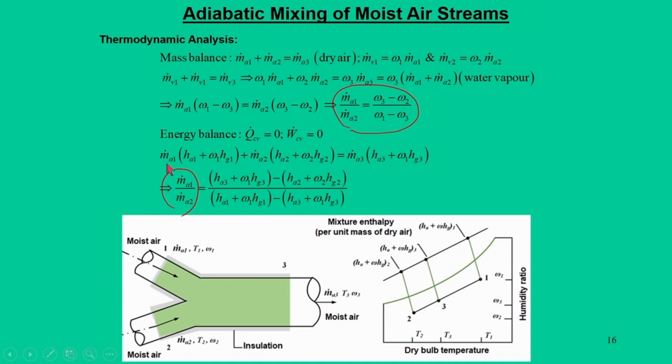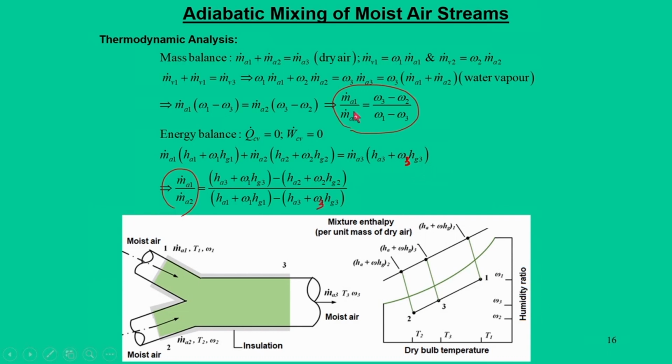So, the rest of the terms left are m dot a 1 h a 1 plus omega 1 h g 1, that is for the state 1, and for the state 2, m dot a 2 h a 2 plus omega 2 h g 2, and that is equal to m dot a 3 h a 3 plus omega 3 h g 3. There is a typo here.